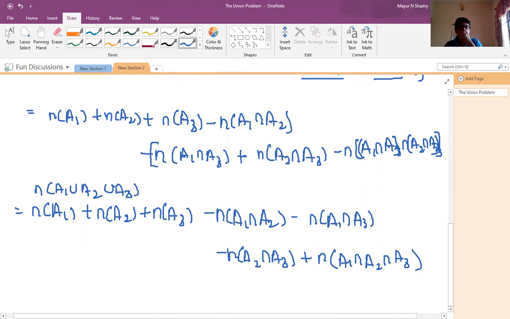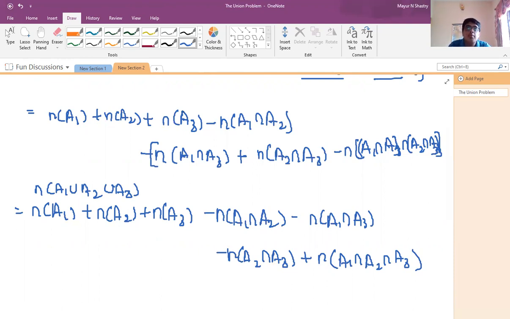And this was pretty easy itself. So now, okay, fine, we did it for 2 and 3. What about in general? What would be the formula for n of A1 union A2 union A3 up to An? Does there exist such a formula? Such a thought came into my mind. So just try to do it.